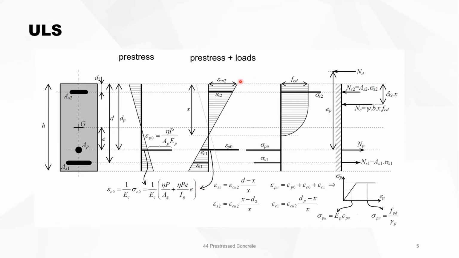After that, we can load the beam with the different loads plus the prestress. So this dotted line is the prestress, and then the loads on top.